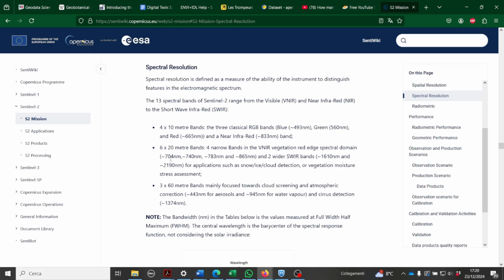It's around 0.70, 0.74, 0.78 and 0.86 microns. And in 2 different bands we have the mid-infrared bands that are pointed around 1.61 and 2.19 microns, which are particularly interesting, for example, for snow, ice, and vegetation moisture.